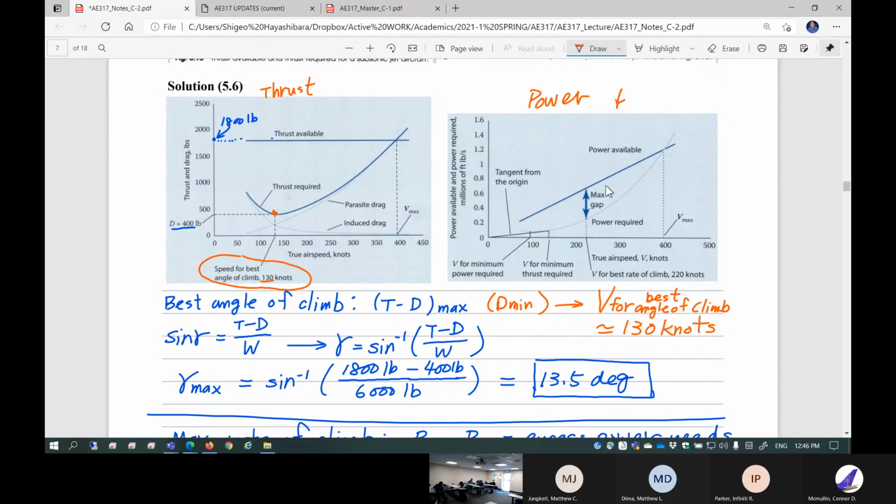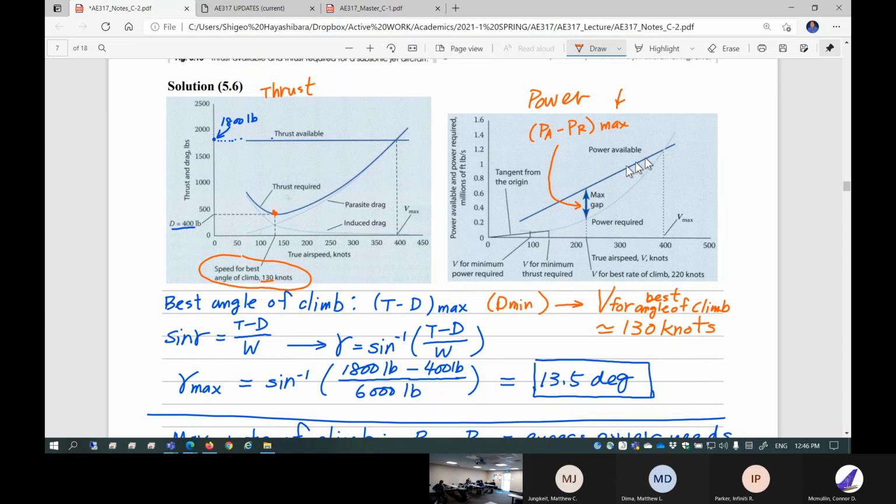How can you find out power available minus power required maximum? That is essentially excess power maximum. In other words, if you take the difference between the power available and power required plots, you need to find out the maximum gap.